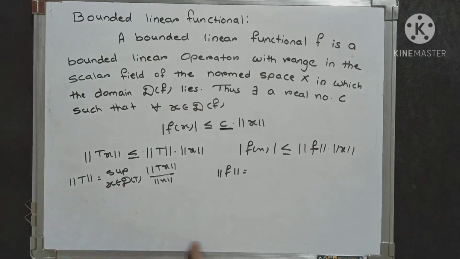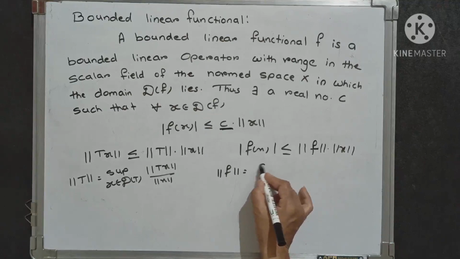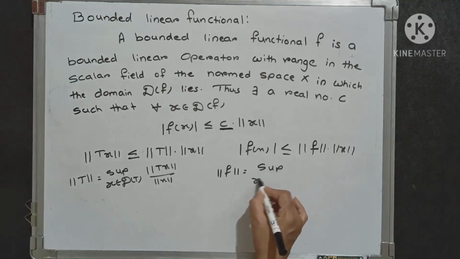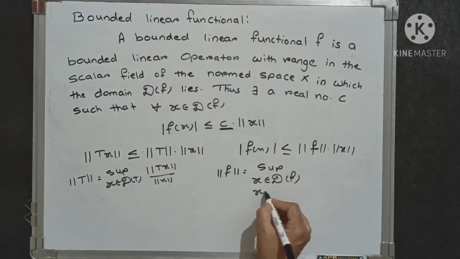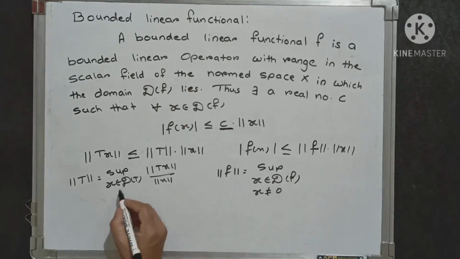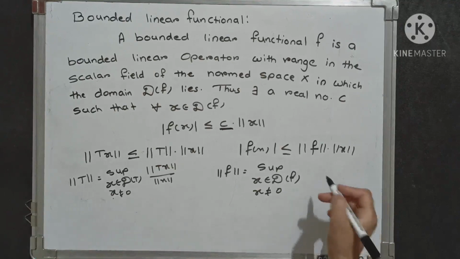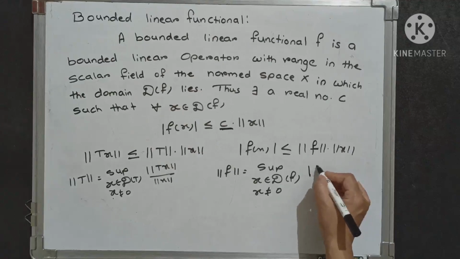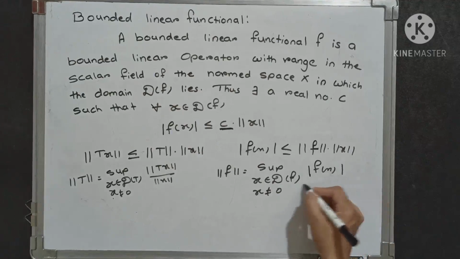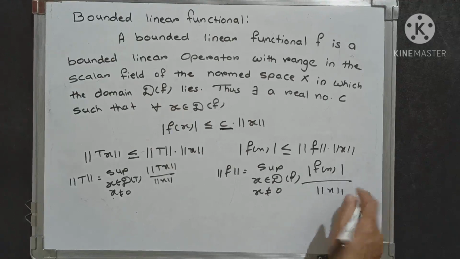In the same way, norm of f equals the supremum over x belongs to script D of f, with the condition that x must be not equals to 0, of mod of f of x divided by norm of x. This is the condition for norm of f.